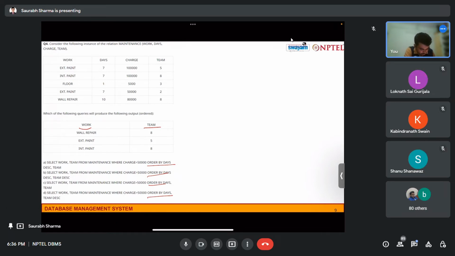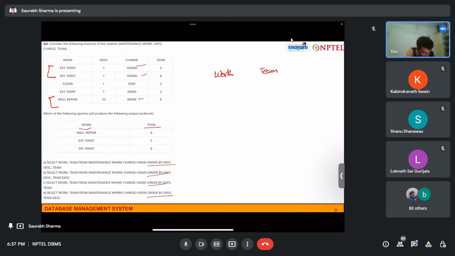Okay, so from here, which tuples will we retrieve? Just let me know. We have work, we have team. Charge should be greater than 50,000, so this 1, 2, 3. There are these two and the last one.